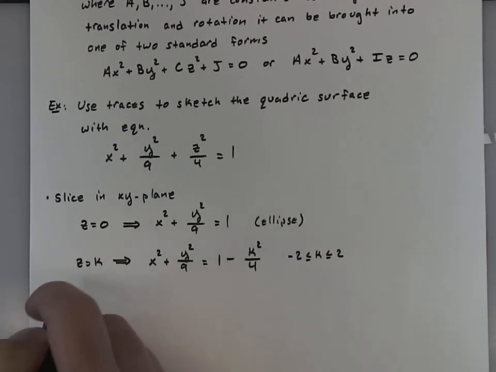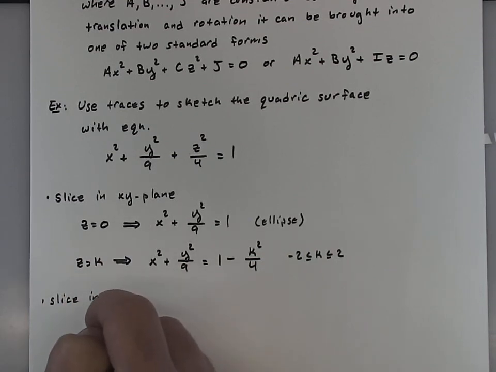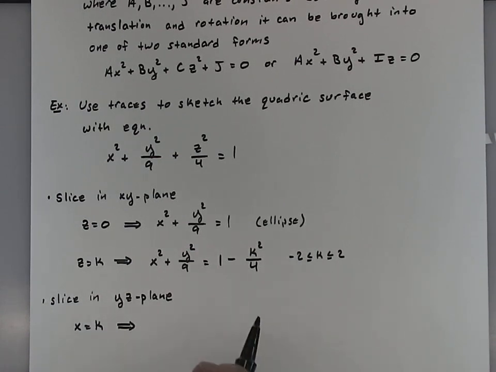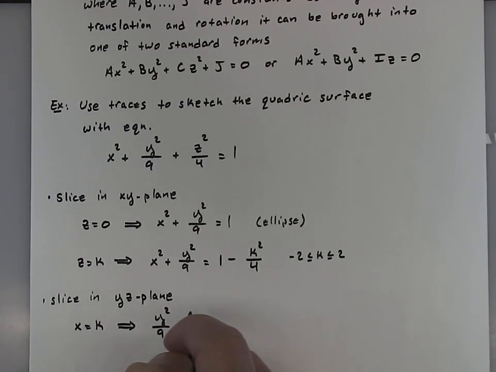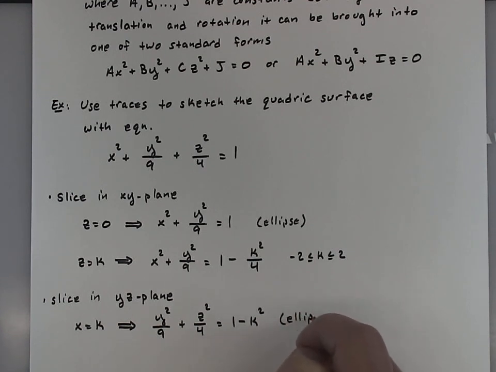If I take a slice in the yz plane, x is equal to a constant, then this equation turns into y squared over 9 plus z squared over 4 equals 1 minus k squared, which is also an ellipse.